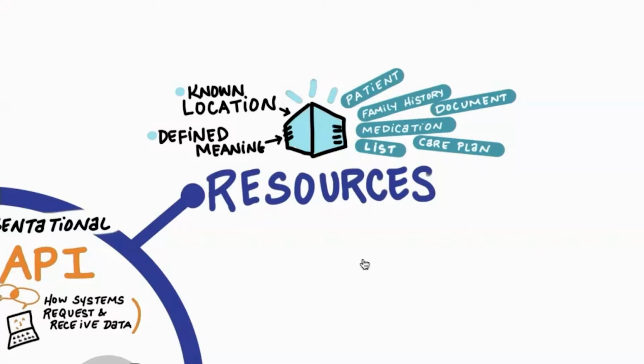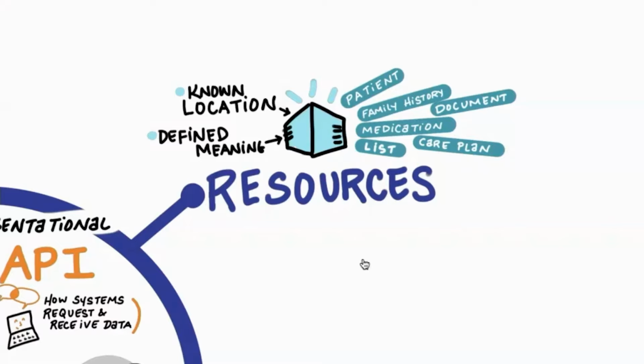And the data resources in FHIR are logically discrete data concepts. They're not a data element. They're something larger than that, something like a patient. And to define a patient, you need a first name, last name, medical record number, gender, birth date, address, and so forth. Those are the elements that make up the patient resource. There's a family history resource. There's a care plan resource, procedure resource, medication resource.